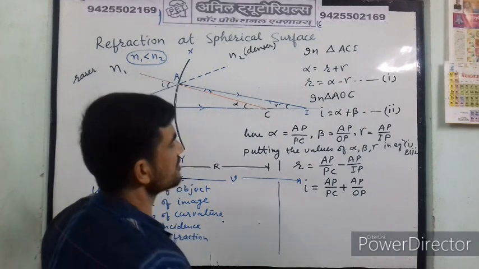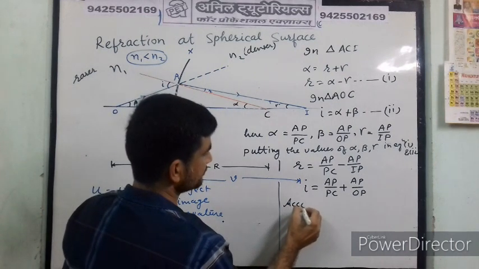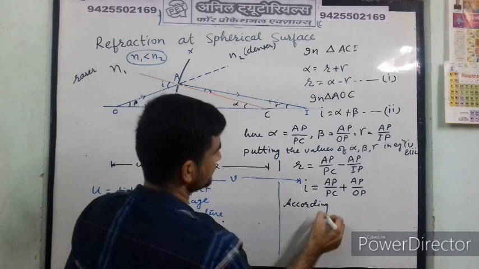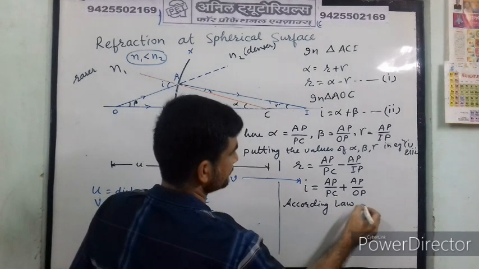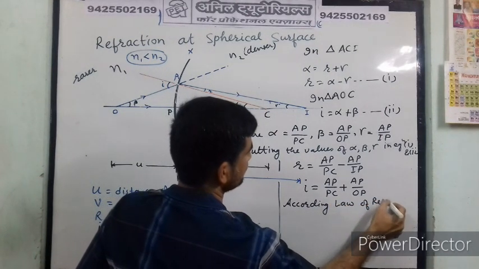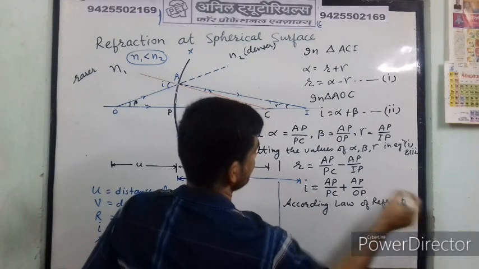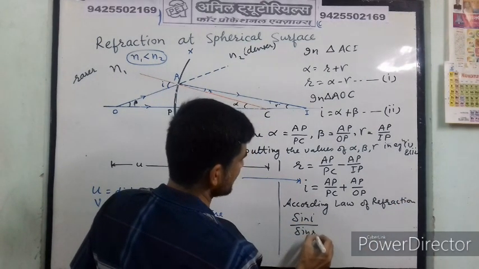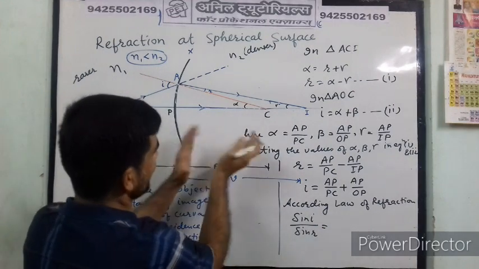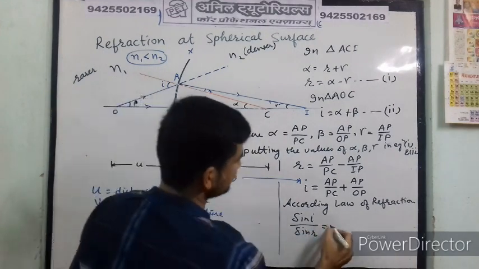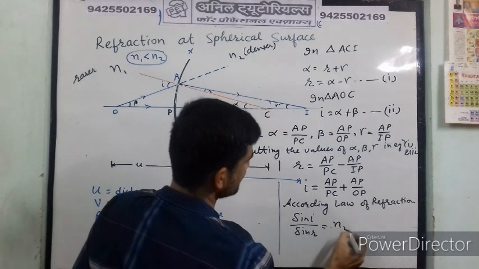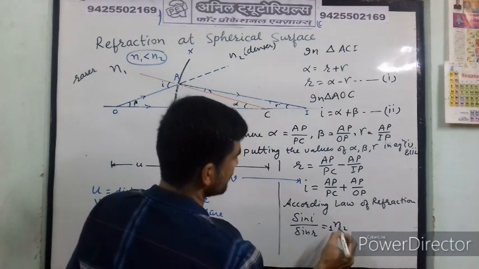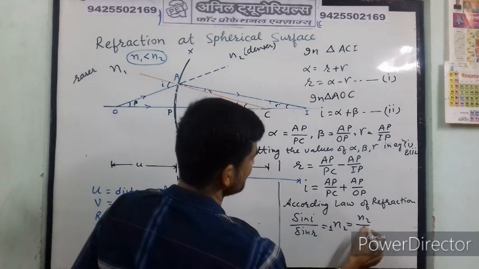Clear? Now, according to the law of refraction, you know the law of refraction, sin I upon sin R is equal to the refractive index of the second medium with respect to the first, which we used to write as N2 by N1.